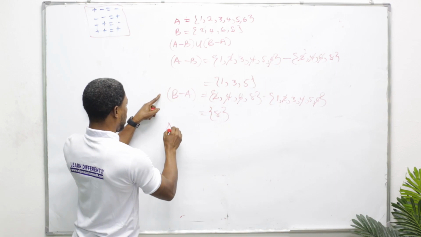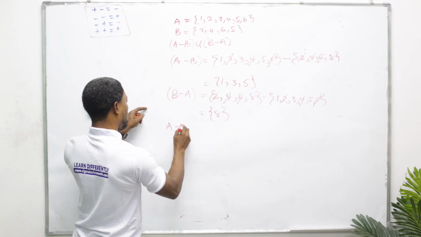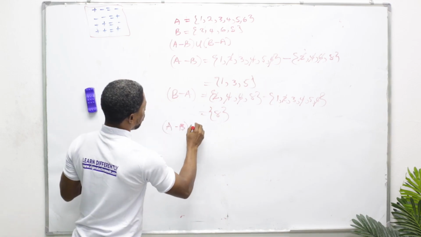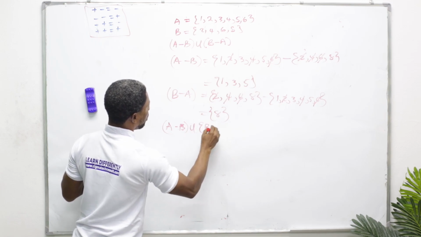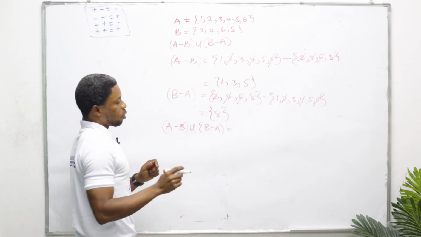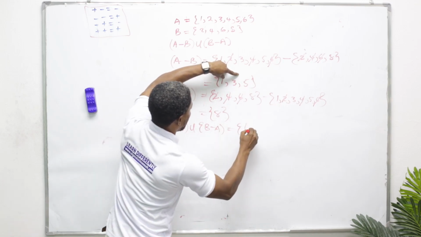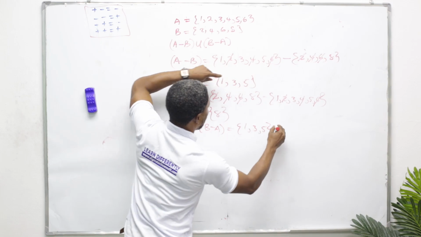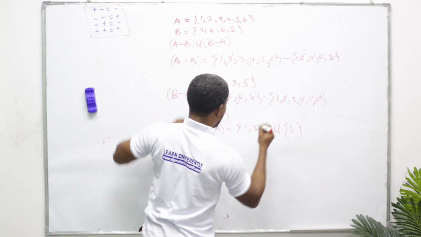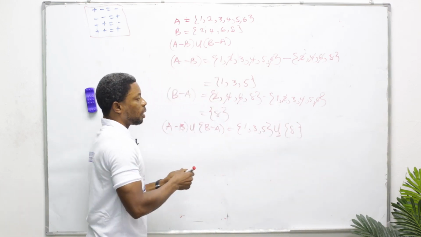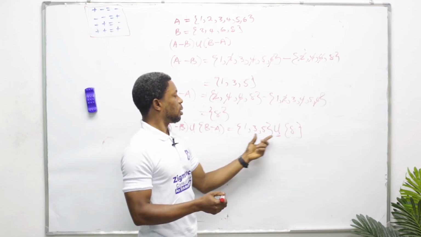So you now have A minus B union B minus A equal to, our first answer is 1, 3, 5 union 8. Now the language union means you combine these two elements into one set.